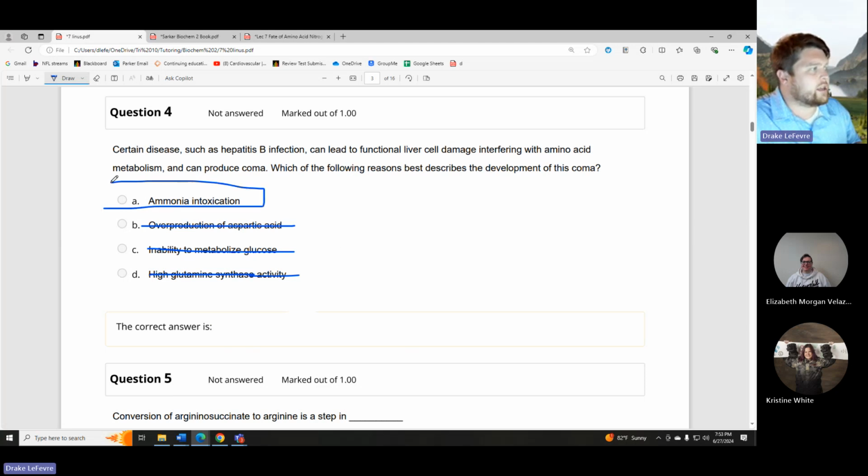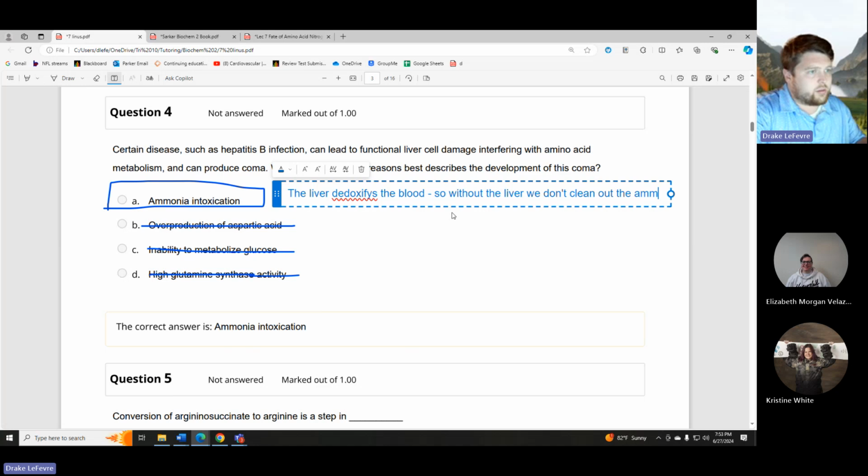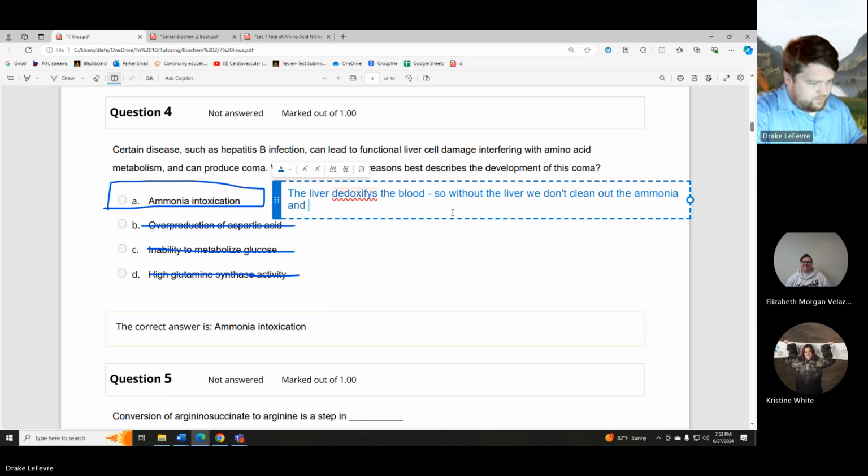So the answer is ammonia intoxication, because one of the most important jobs of the liver is that cleaning, detoxification. It detoxifies blood. So without the liver, we don't clean out the ammonia. And that is bad.